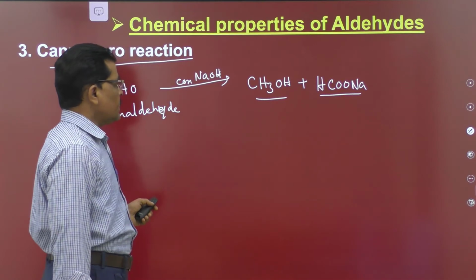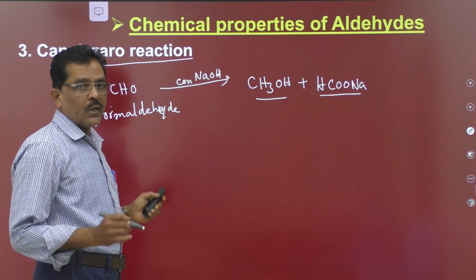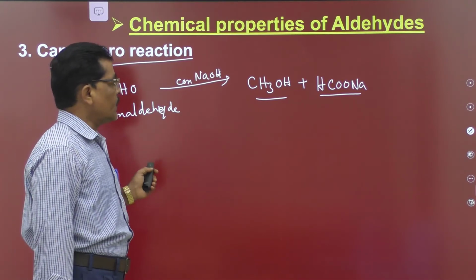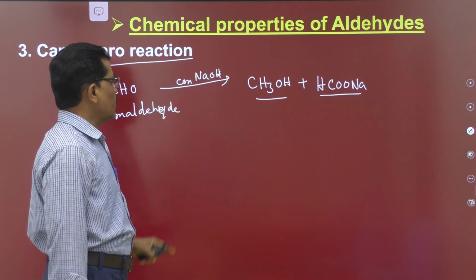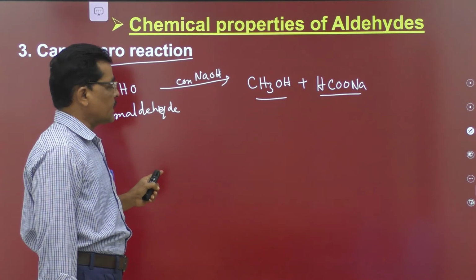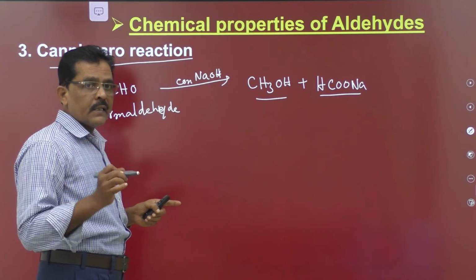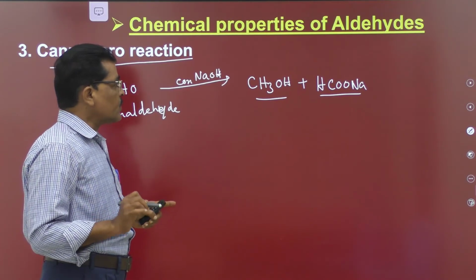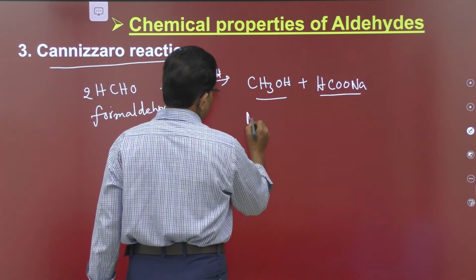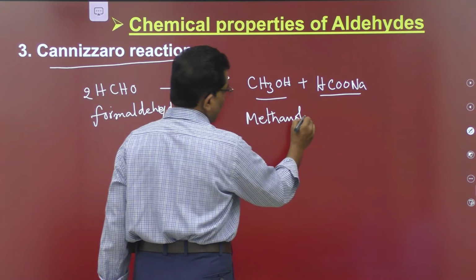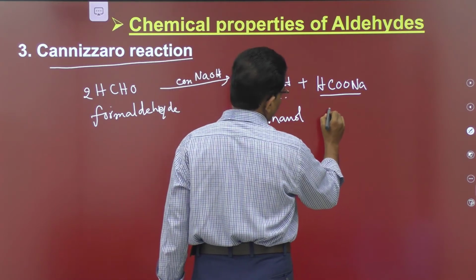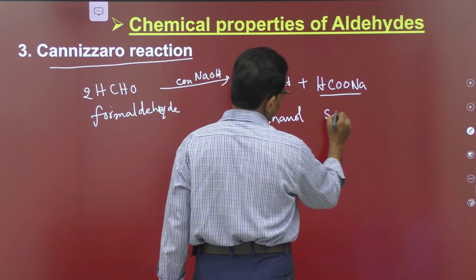Cannizzaro reaction means the aldehydes which do not have an alpha hydrogen atom are heated in the presence of concentrated NaOH. They undergo self-oxidation and self-reduction, giving 1 mole of alcohol and 1 mole of salt of carboxylic acid.